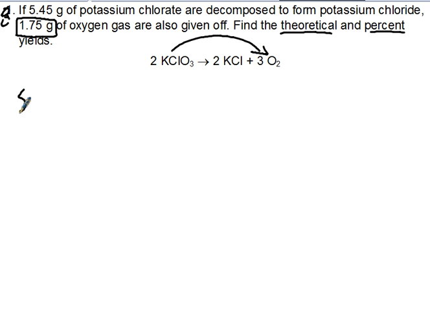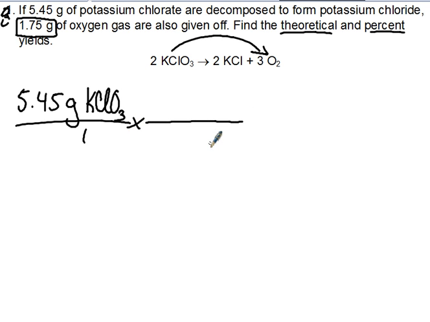So I'm going to put my 5.45 grams of KClO3 over 1. I'm going to need grams of KClO3 here, because remember, whatever unit's here goes here. The only thing grams can convert to is moles.